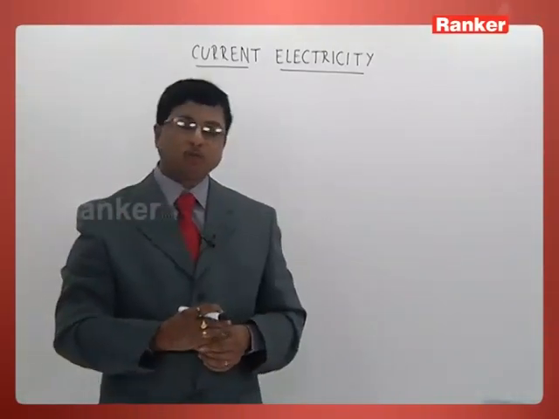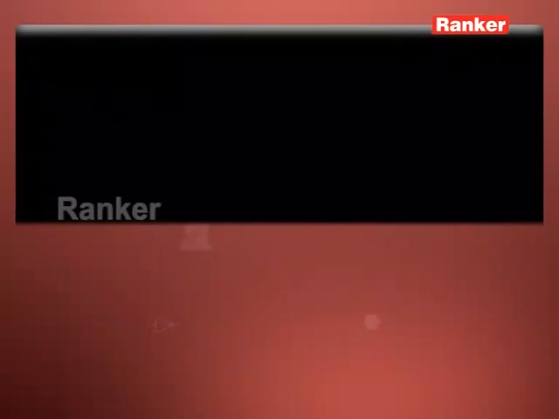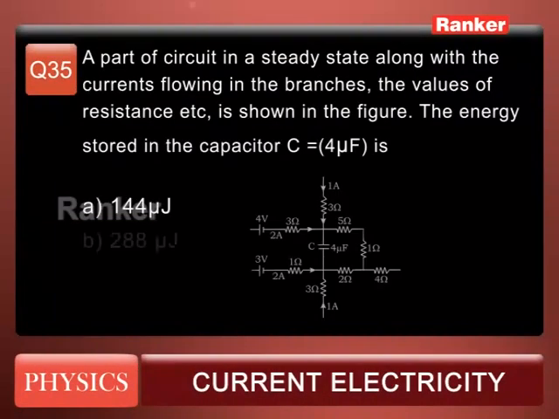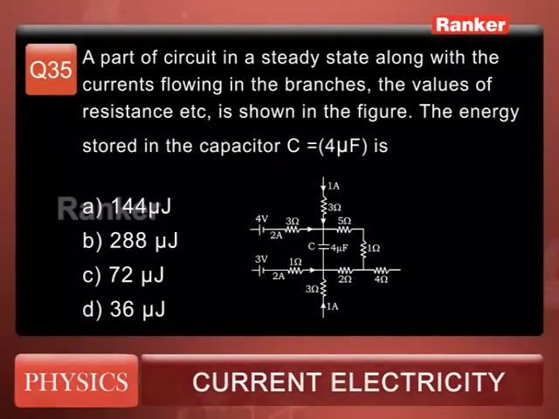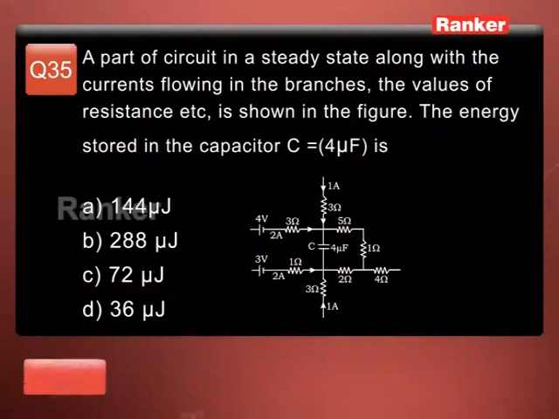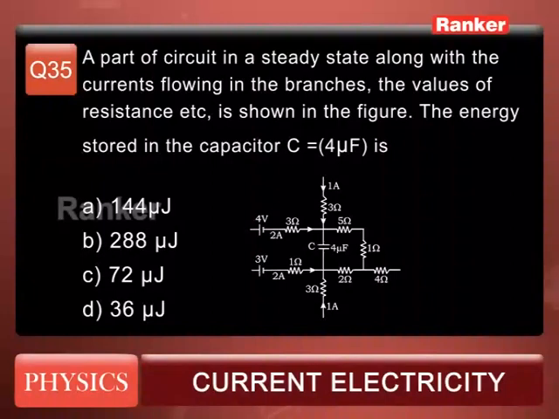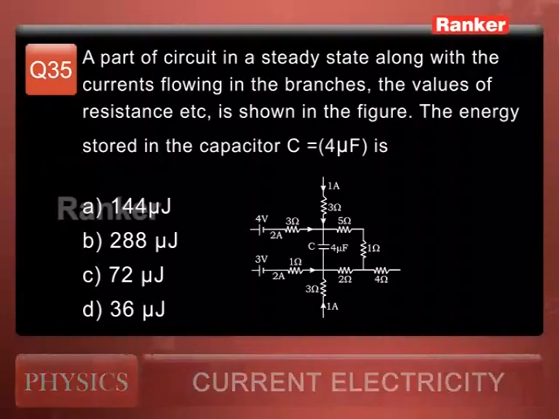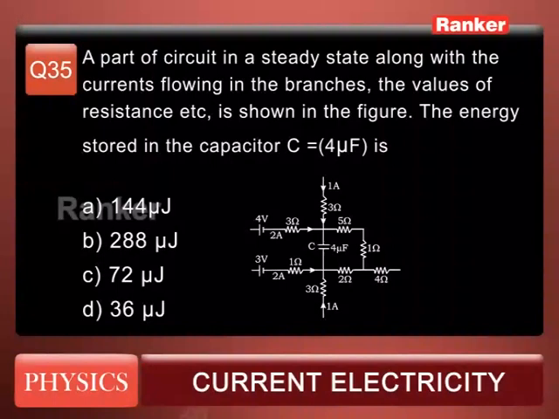Let us switch over to problem number 35. A part of a circuit in a steady state, along with the currents flowing in the branches, the values of resistances, etc., are shown in the figure. The energy stored in the capacitor of 4 microfarad is how much? 4 options have been given.